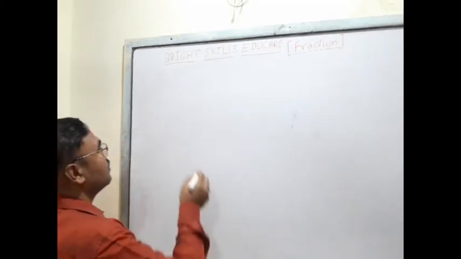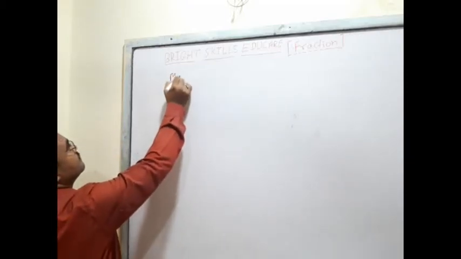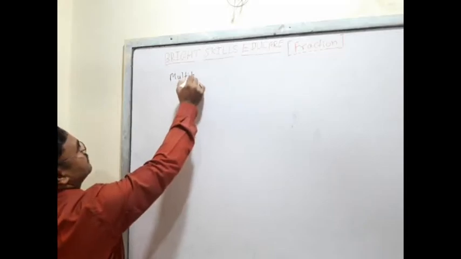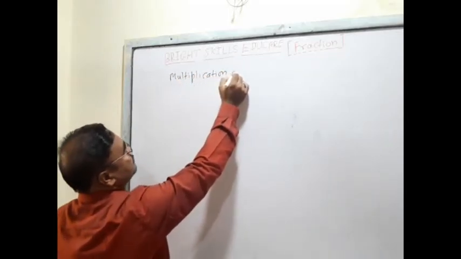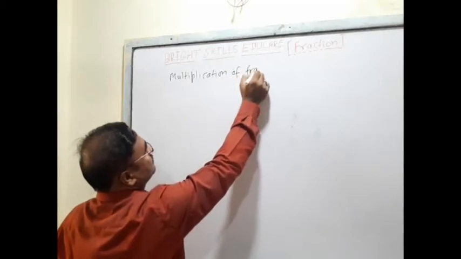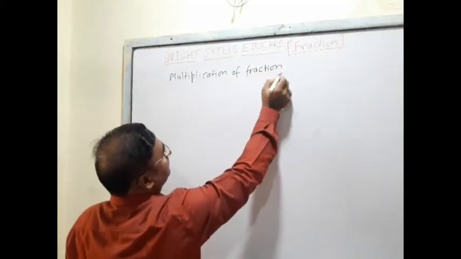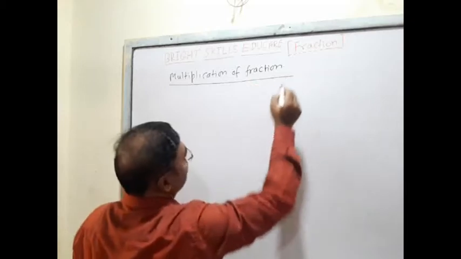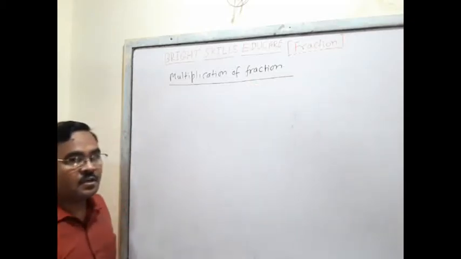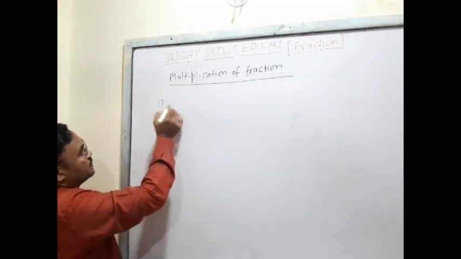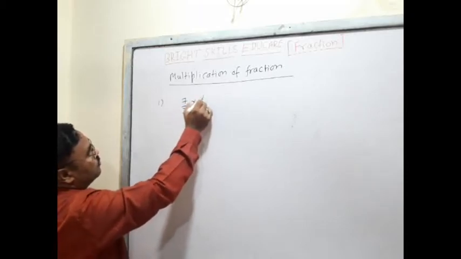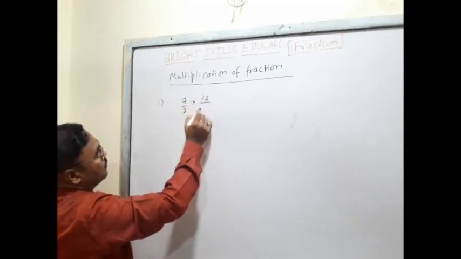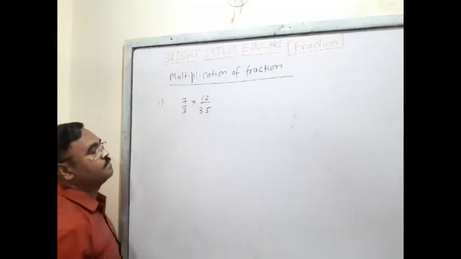Now, multiplication of fractions. Suppose two fractions are there, 7/3 into 12/35.